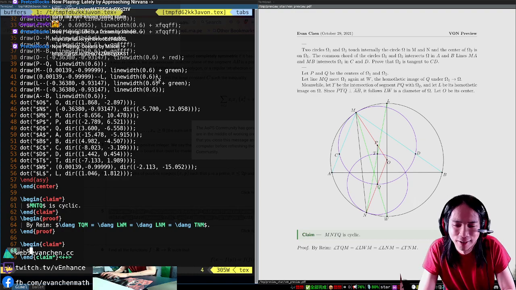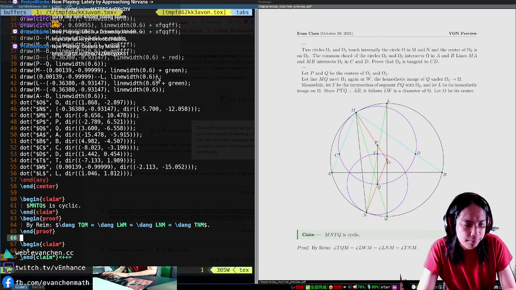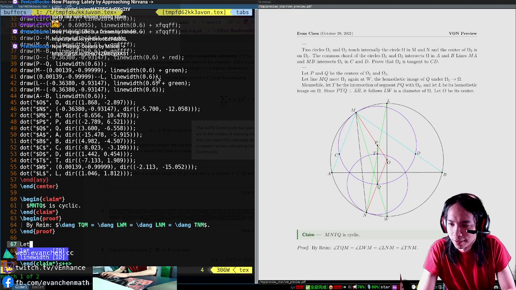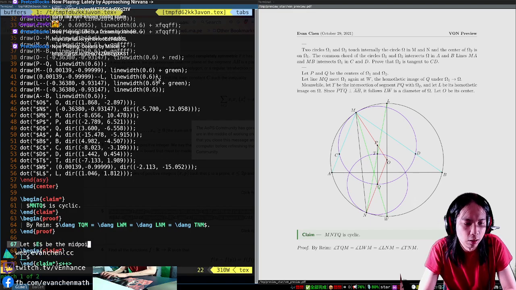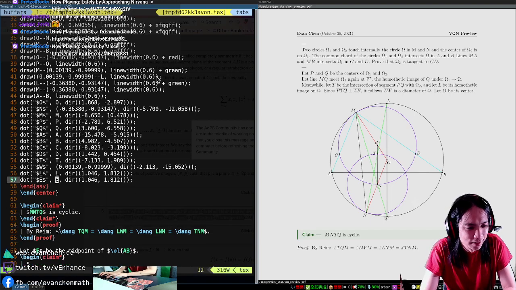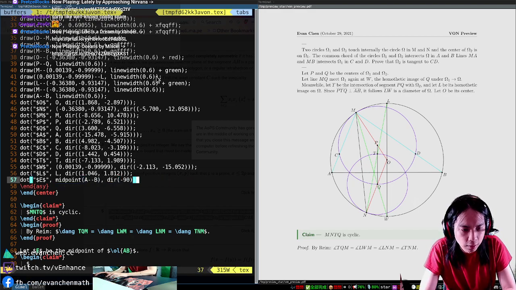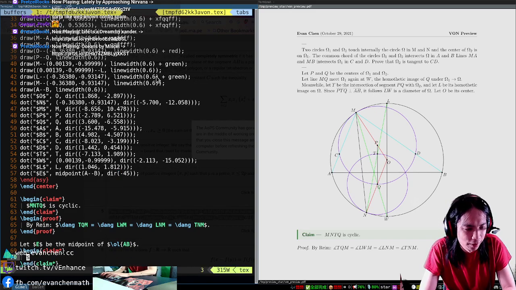Oh frick. The midpoint of AB got left off the picture. Monkey patch.